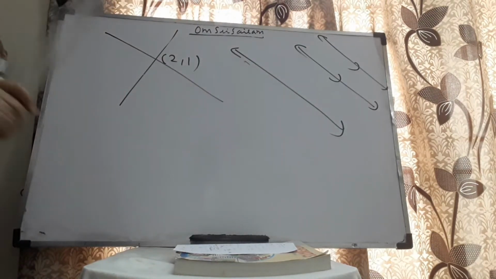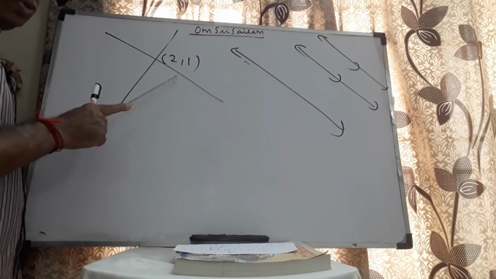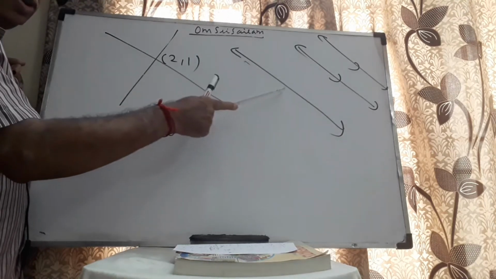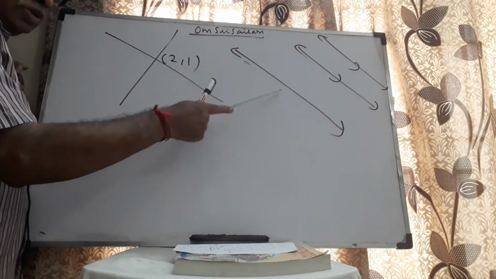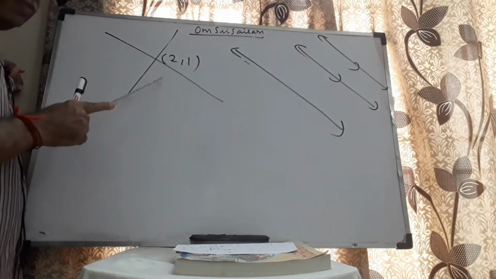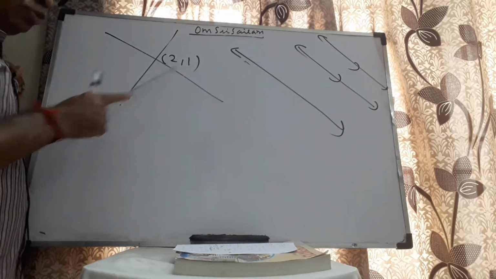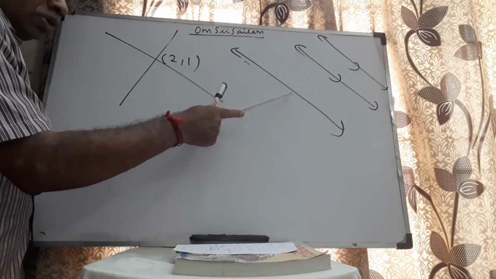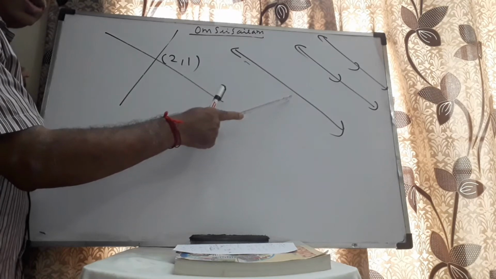Let me just explain once again. If they both intersect at one point, there is a unique solution. If the lines are coincident, there are infinitely many solutions. In these two cases, there exists at least one solution, here there is one solution, here there are more solutions. So the system is consistent.